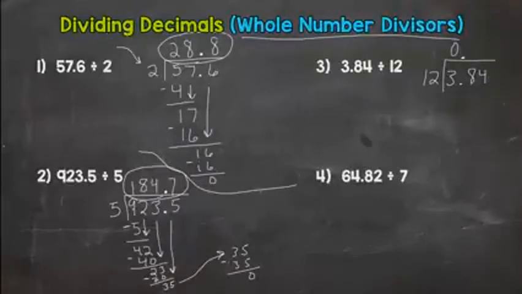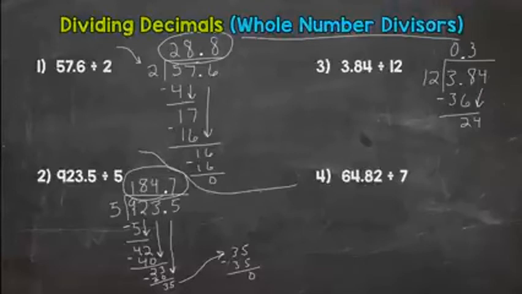How many groups of 12 out of 38? Well, 12, 24, 36, 48. 4 is too many, so 3, and that gets me to 36. So 3 times 12 is 36. Subtract, I get 2, and then bring down this 4. and I get to 24 divided by 12. Nice compatible numbers here.